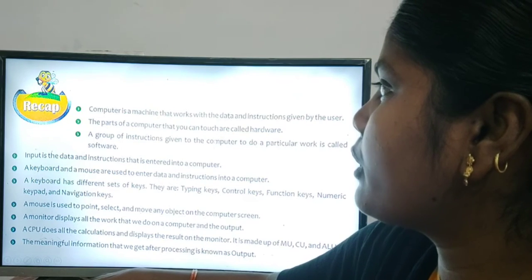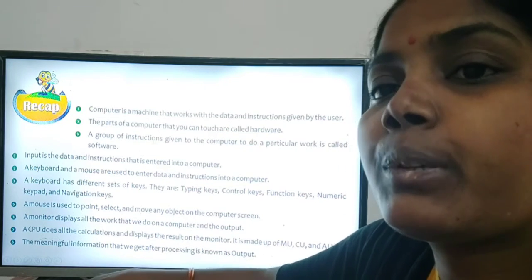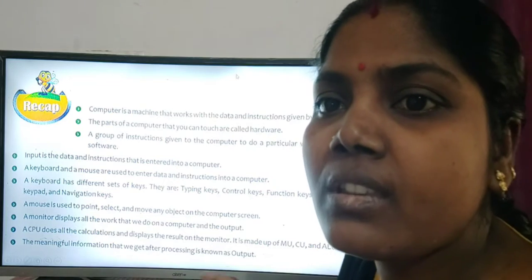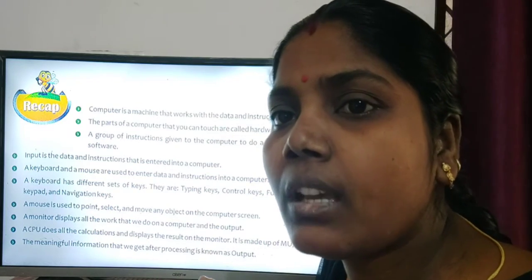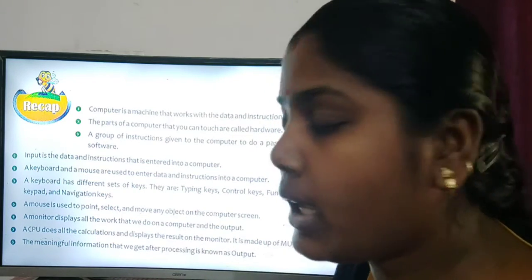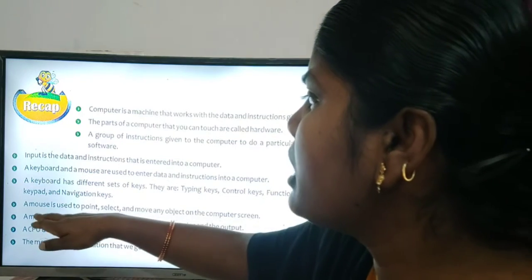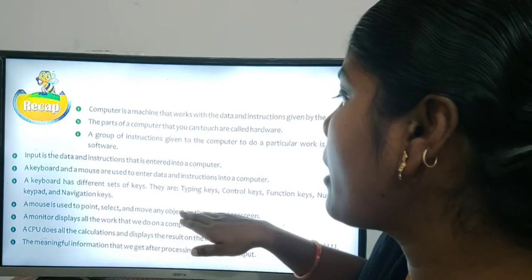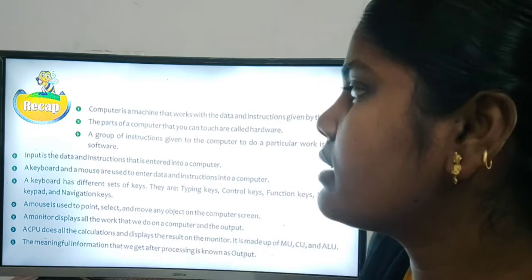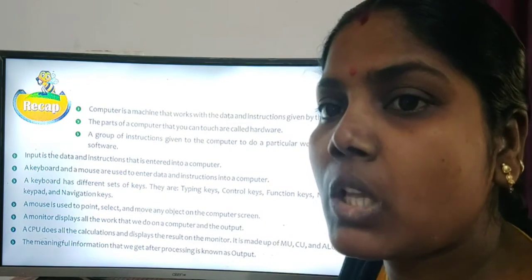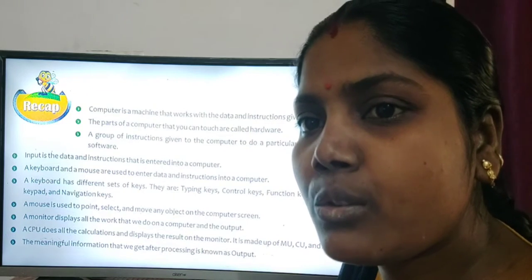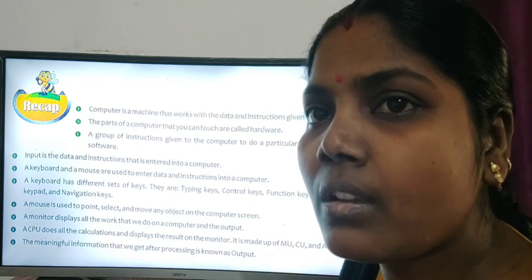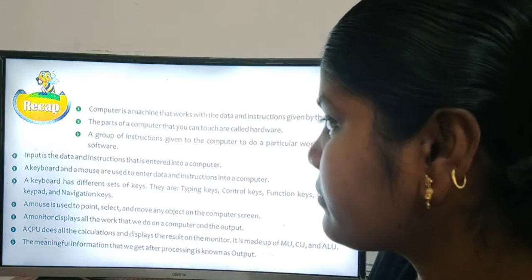For that purpose, people use the mouse. A mouse is used to point, select and move any object on a computer screen. For this purpose, we are using a mouse on a computer.